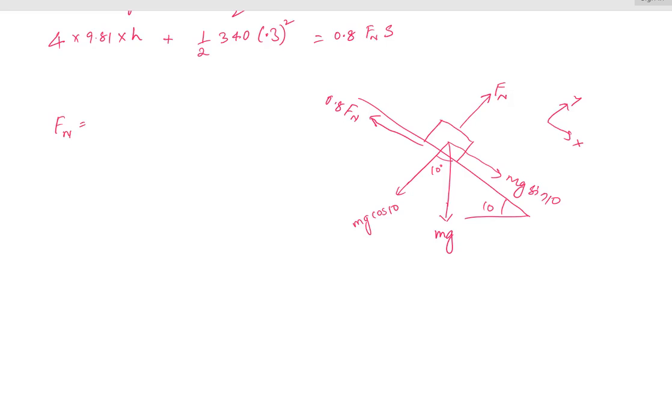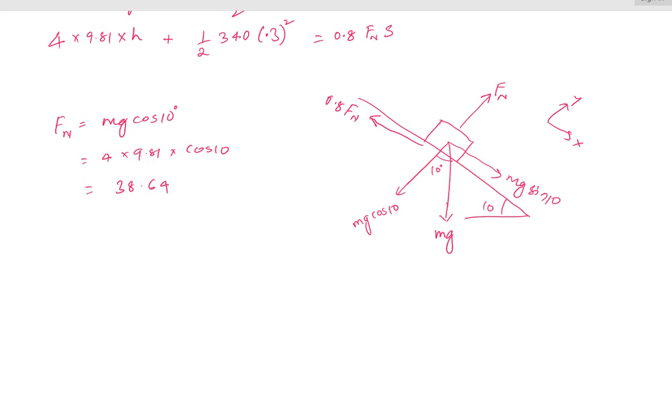Fn equals mg cosine 10 degrees, so 4 times 9.81 times cosine 10. When you multiply all of this, you get 38.64. So 38.64 is Fn.